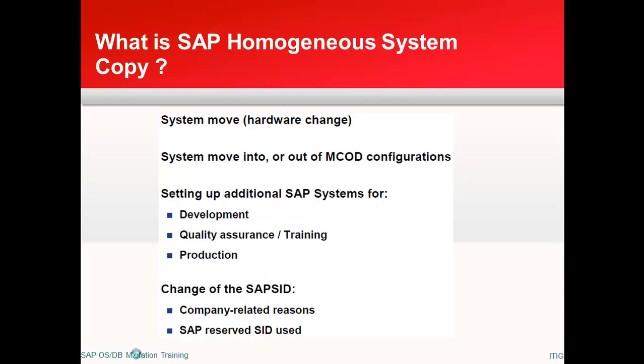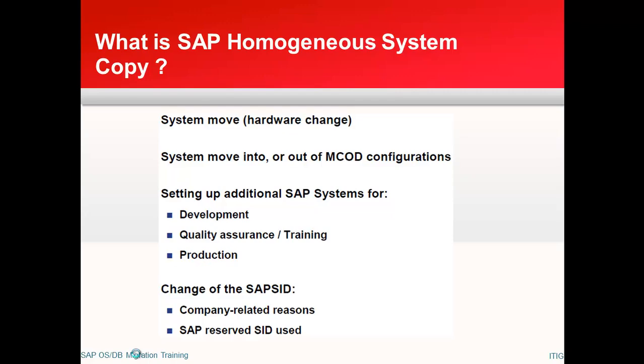Say for example, if you have an MCOD scenario and you want to take out that particular component and put it in a new database or a new system, you may need to perform this system move. Secondly, say you have just a dev and production system and you want to create an additional SAP system, for example a QA system, training system, or test system. In that case, we follow this homogeneous system copy.